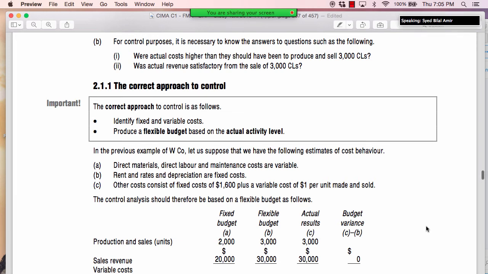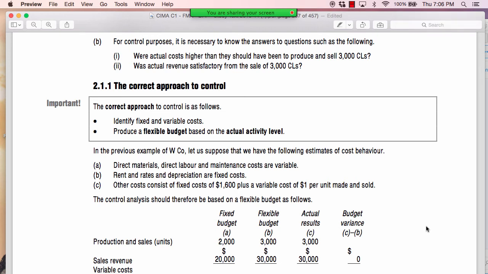Now, in this case, a correct approach to control would be to identify what is fixed and what is variable, and produce the flexible budget based on the actual activity level. Does that make sense? So what we're saying is, identify the fixed and variable costs.